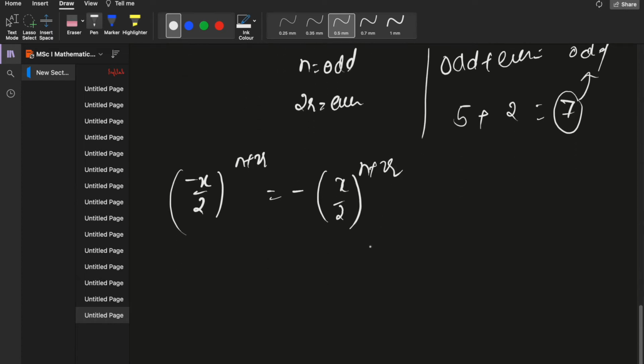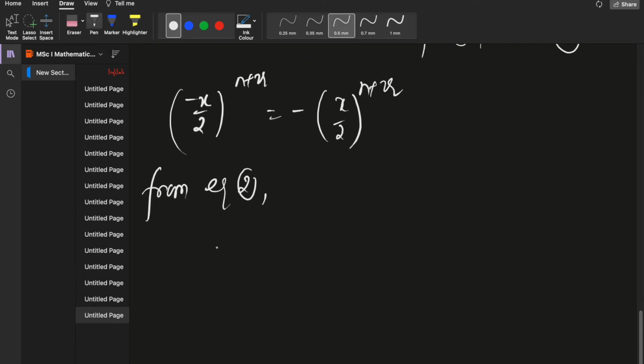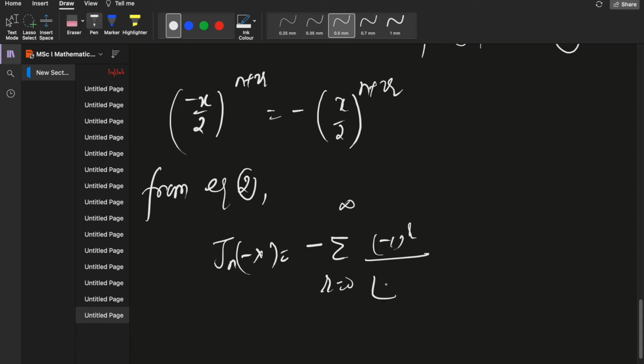Alright, so from equation 2, Jn(-x) gives me negative of the summation r from 0 to infinity of (-1)^r upon factorial r, factorial n plus r, times (x/2) to the power n plus 2r. This negative sign I put here.